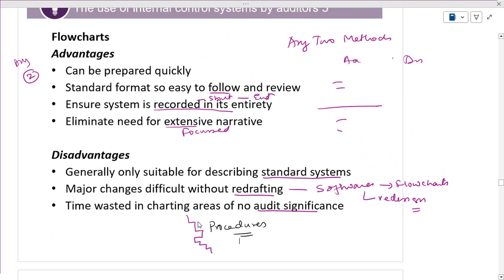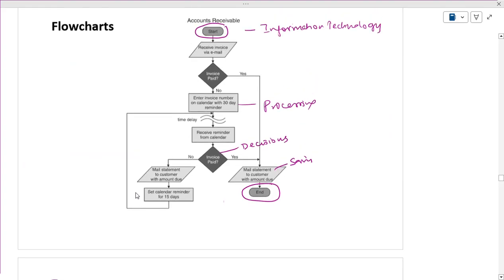Can you clarify the last point in the disadvantages? Time wasted in charting areas of no audit significance. Assume here we don't have any audit significance. We don't need this process.